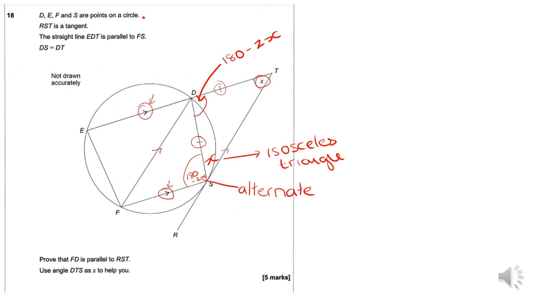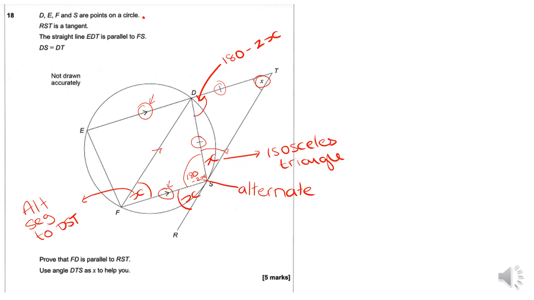If you think about it, if that's 180 take 2x and this one here is x, then this must also be x. Now next comes the clever bit, because I think this one here, the fact that DST is x means that this one is again x because it's alternate segment to DST.